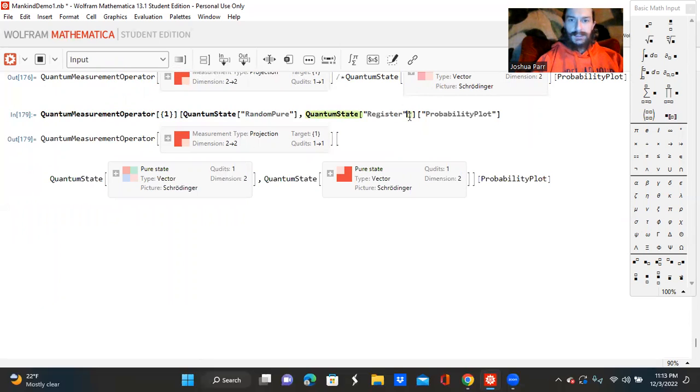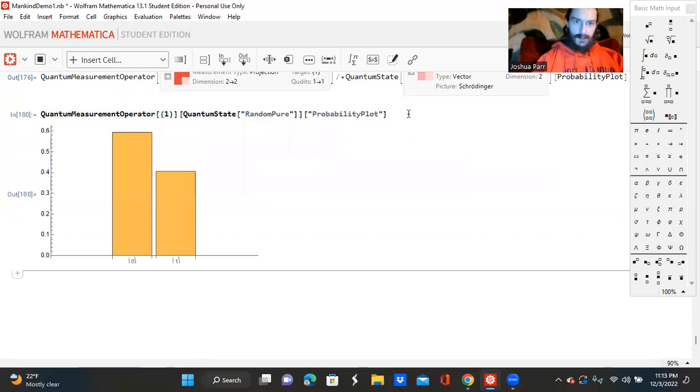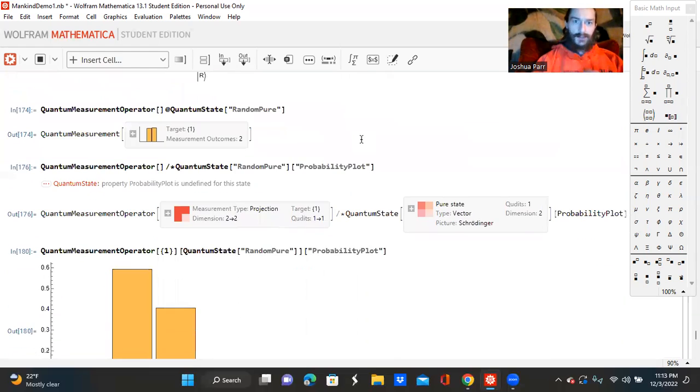It's creating my states, but it is not returning me my measurement states. Anyway, you can also turn these into Qiskit objects and measure them with IBM as well. You don't have to use the Wolfram Quantum Computation Network.